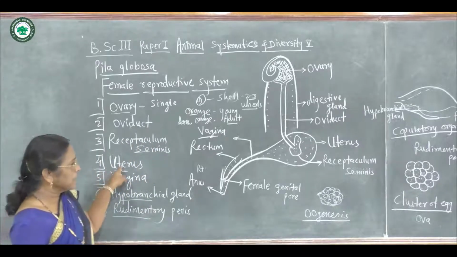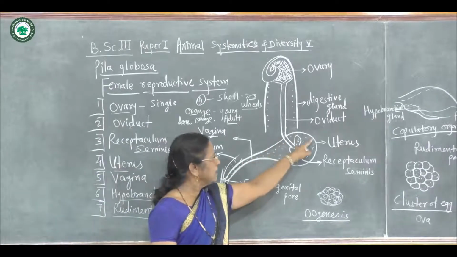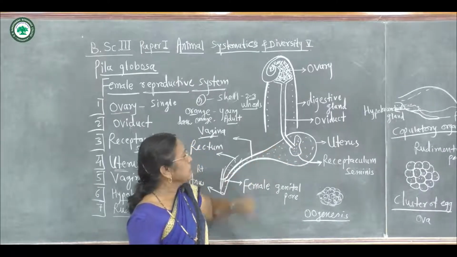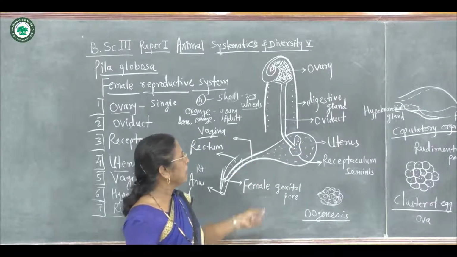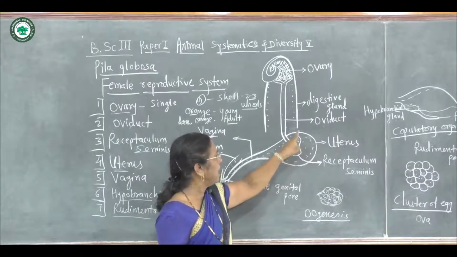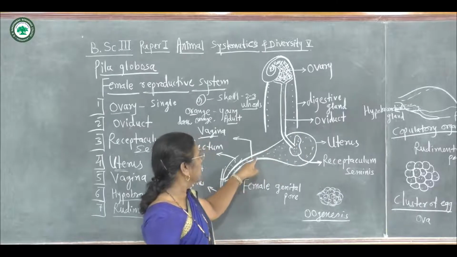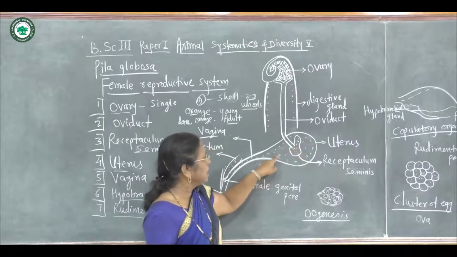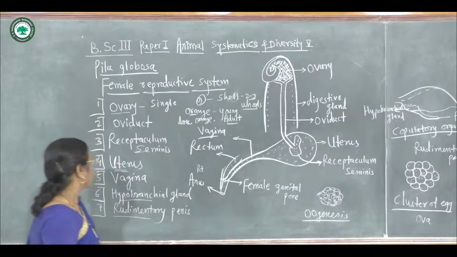Then the uterus, which is a large pear-shaped structure, cream colored or slightly pinkish. The broad end is the basal end, and the narrow end leads into the vagina. Here fertilization takes place during copulation.